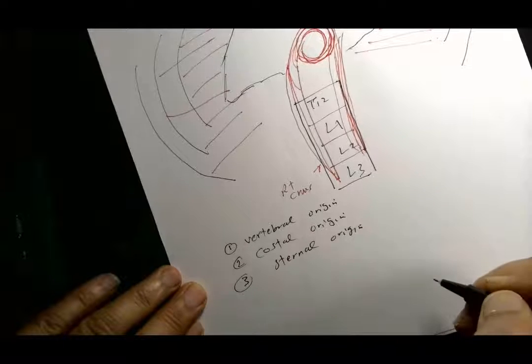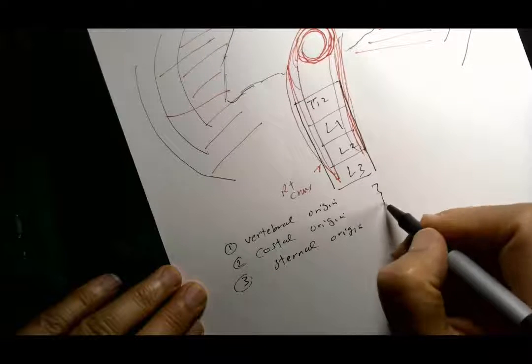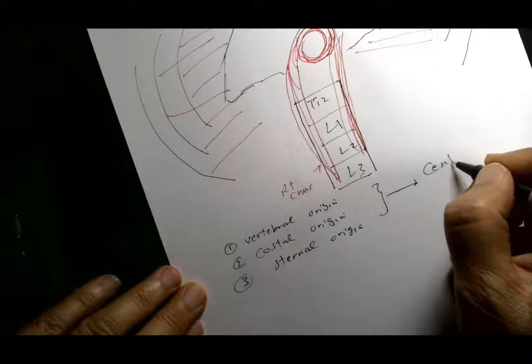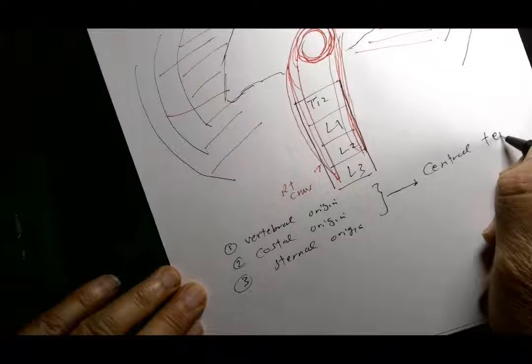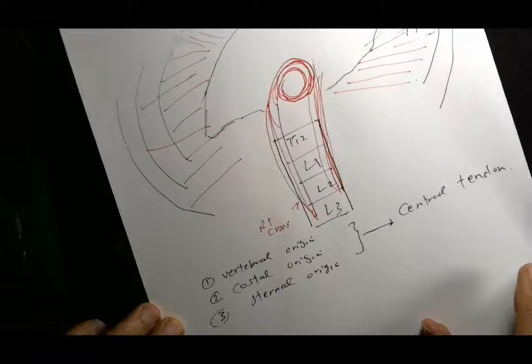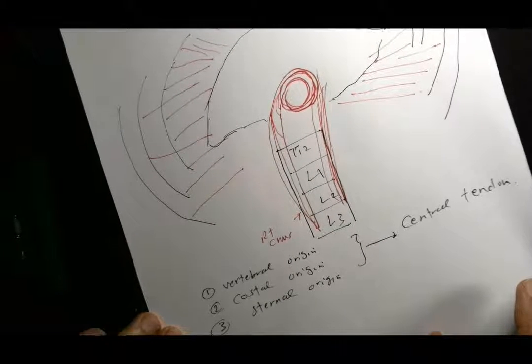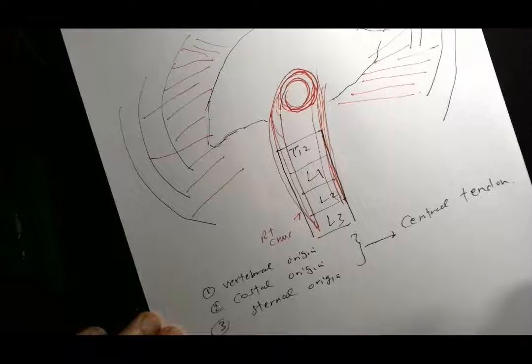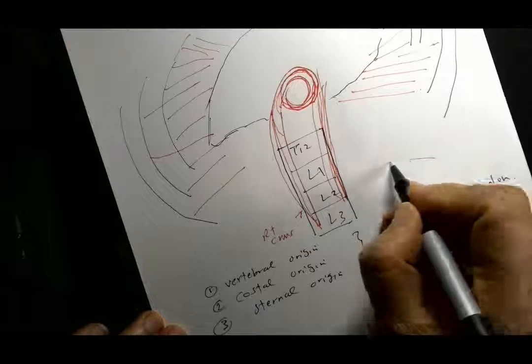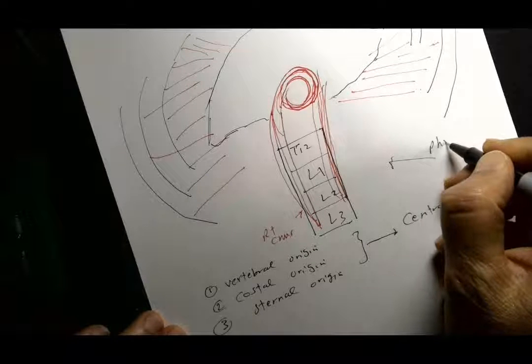And the insertion is going to be where? It is going to be the central tendon. Okay, the nerve supply of the diaphragm is by what? Phrenic plus intercostal nerves.